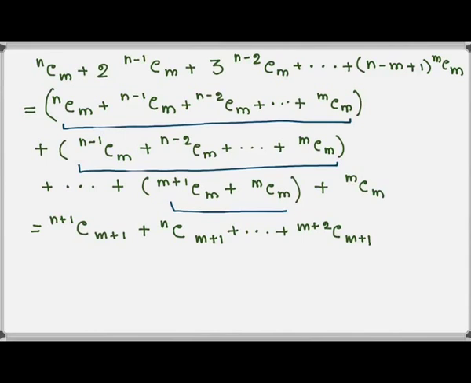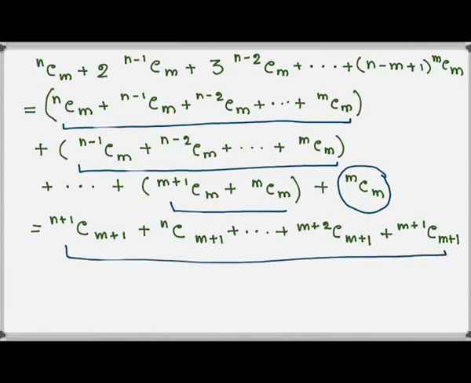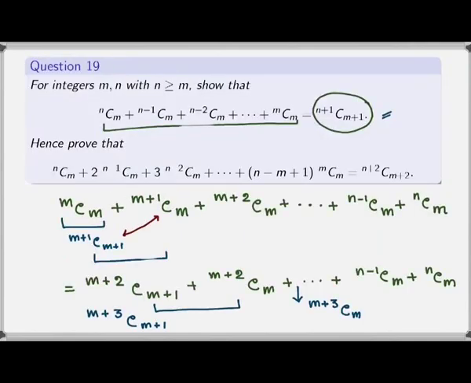And let us write this term mCm as m plus 1 Cm plus 1. Again, we use the first part of the problem and we obtain this whole expression is equal to n plus 2 Cm plus 2. And now let us note that this is what we wanted to show. This solves our question number 19.